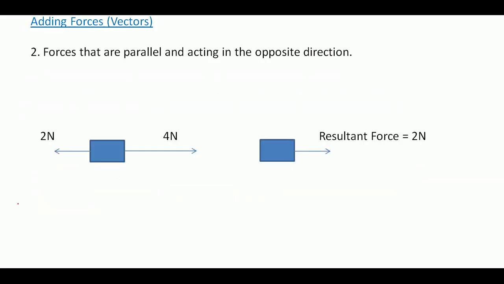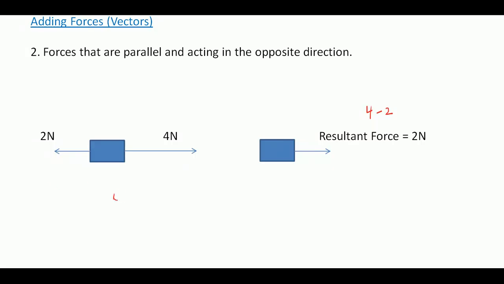Now, suppose we have forces that are parallel but acting in opposite directions. So we have an object here and we have 4 Newtons acting to the right. We have 2 Newtons acting to the left. So the resultant force in this case is equal to 4 minus 2, right? And the resultant force acts to the right because the 4 Newton force is greater than the 2 Newton force, right?